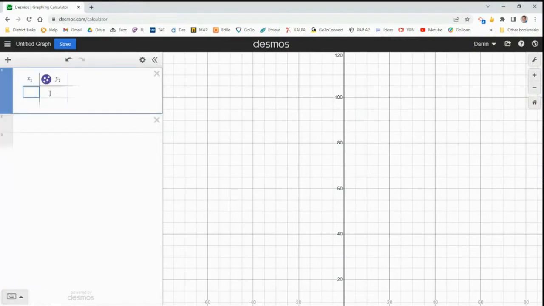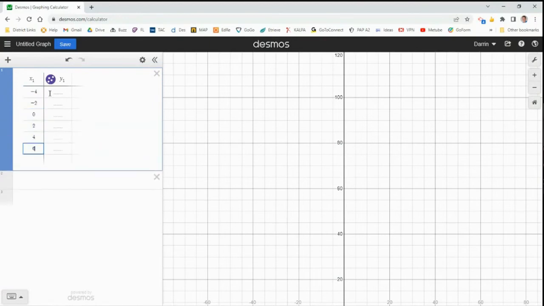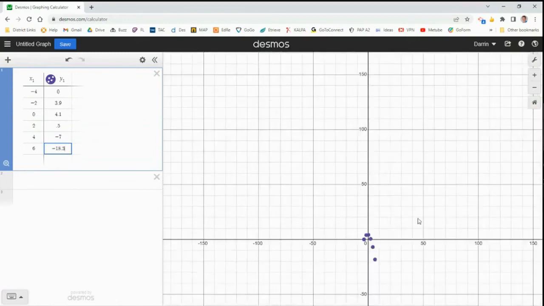This data goes -4, -2, 0, 2, 4, 6. And our Y values are 0, 3.9, 4.1, 0.5, -7, and -18.3. All right, let's zoom out.